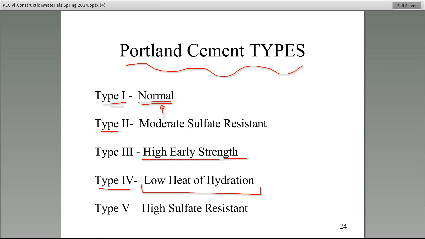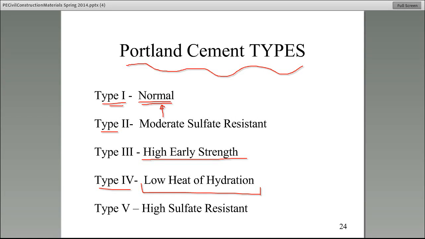All right? So tell me, when do you think you would use low heat of hydration or type 4? Give me some ideas. Elizabeth is saying mass concrete. Absolutely, mass concrete and gravity structures, large masses of concrete.